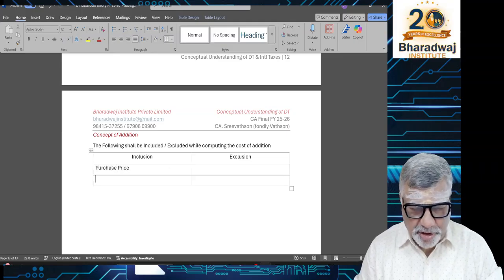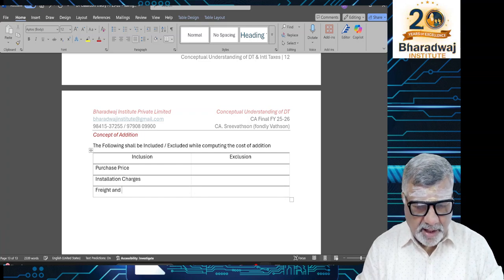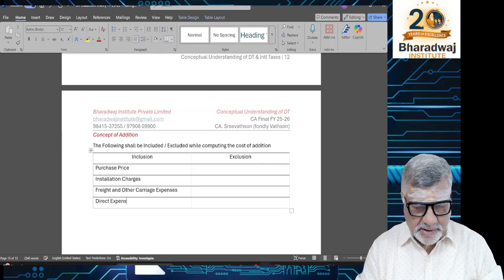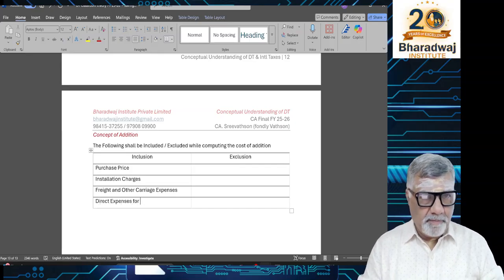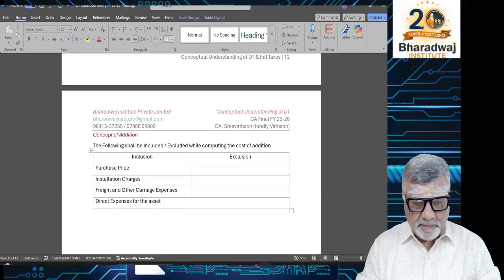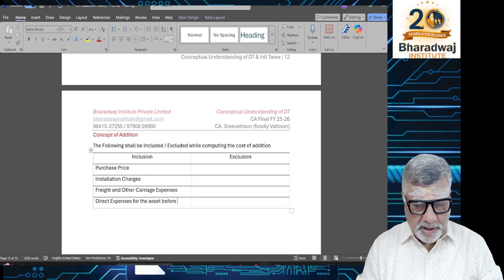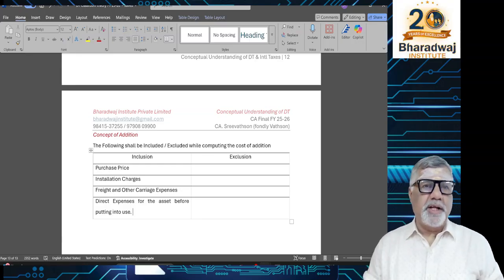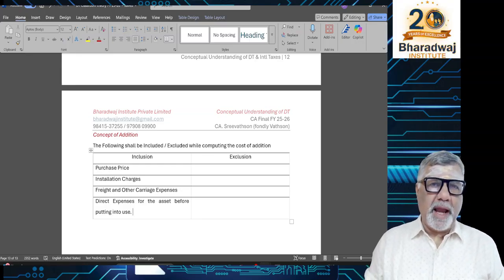Installation charges, freight and other carriage expenses, and direct expenses for the asset before putting it into use. All expenditures before putting it into use should be capitalized.